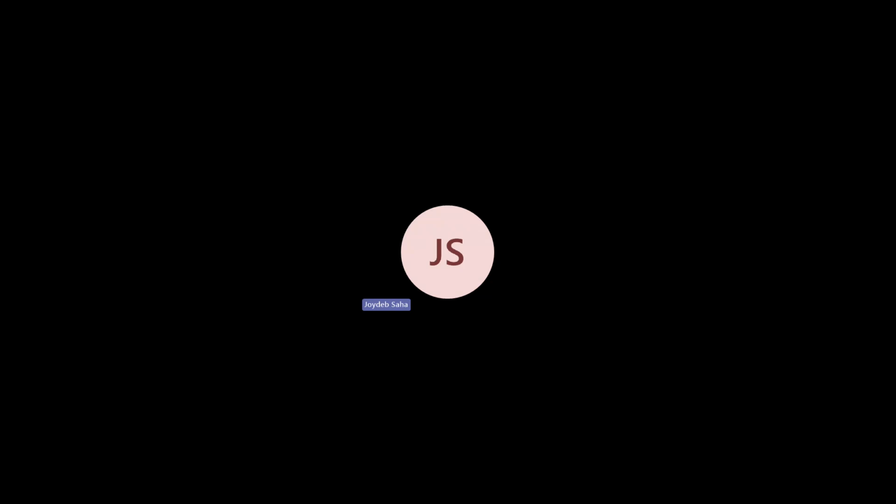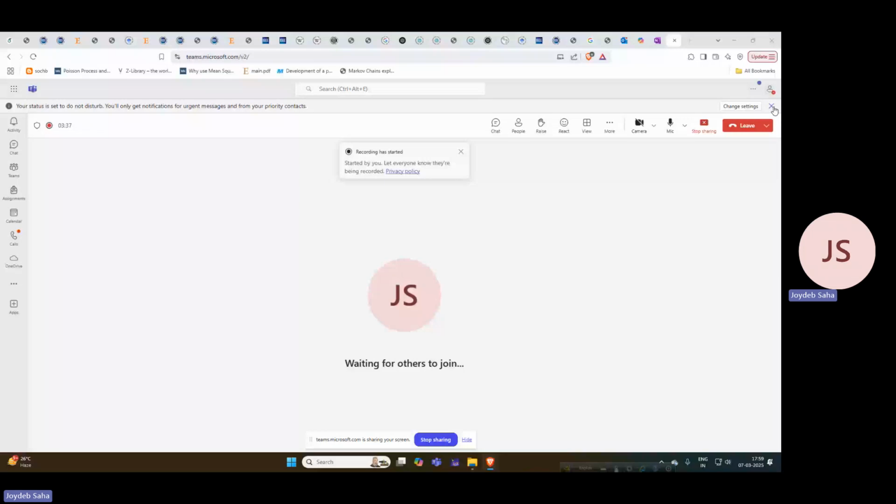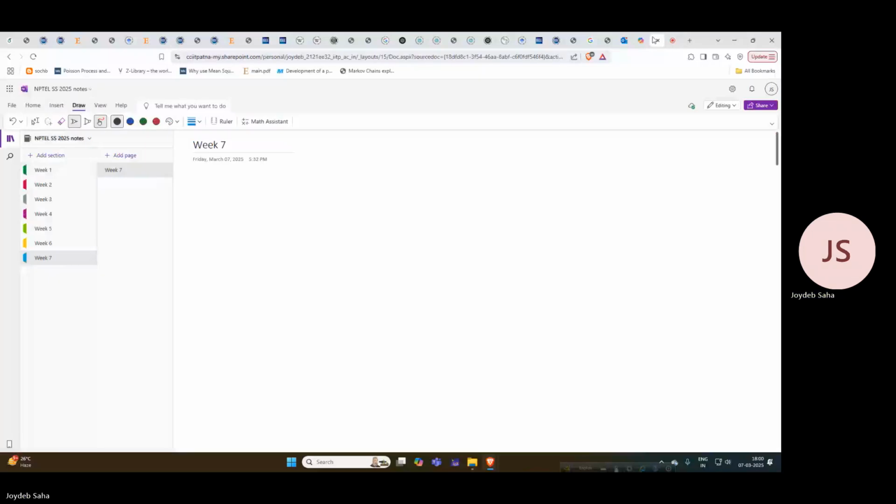Okay, so let us start today's discussion. Today we will start from Laplace transform.